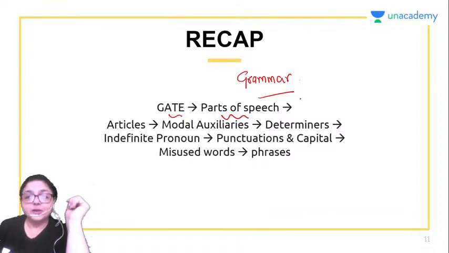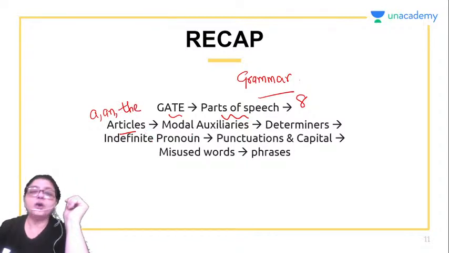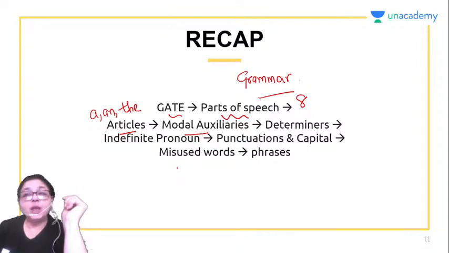So I did parts of speech. We have 8 parts of speech in all. After that, we did articles, which are a, an, and the. This is for all who have missed any of the lectures. You can go back to YouTube, look for Meeta Surti, and you will get all these lectures over there. Modal auxiliaries, it was a very important topic where we learned will, would, shall, should, can, could.